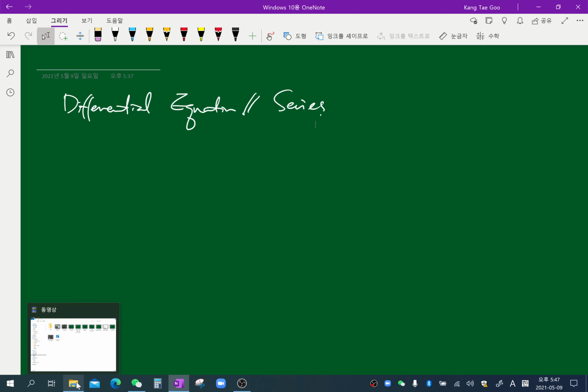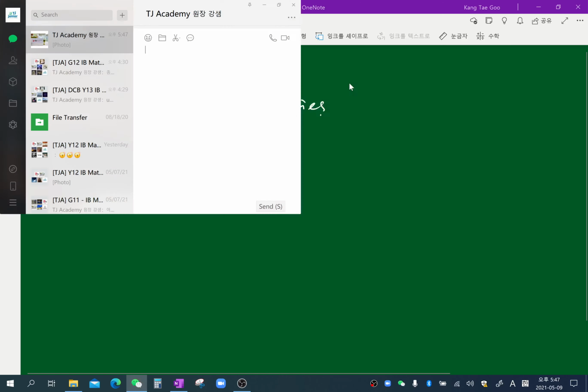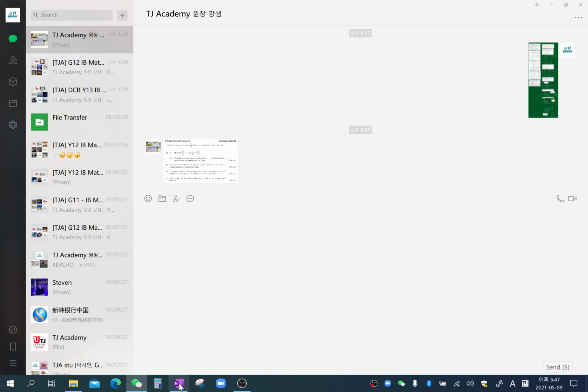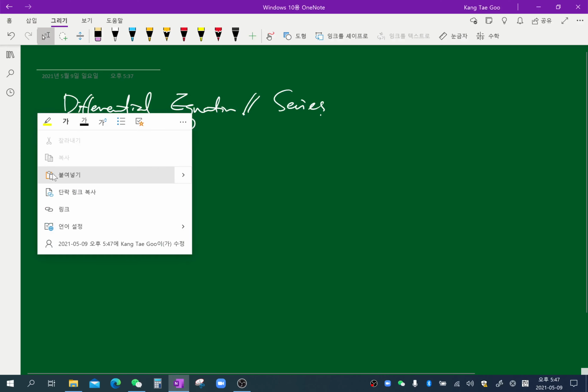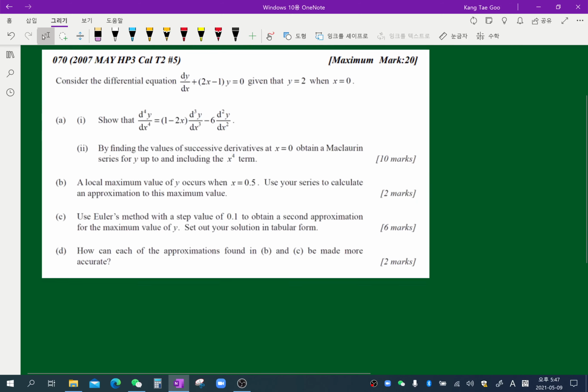Oh yeah, this one. The question is number 70 from my past paper collection book. Number 70 of the option past paper book. So the first, okay, they will give you the differential equation like that.